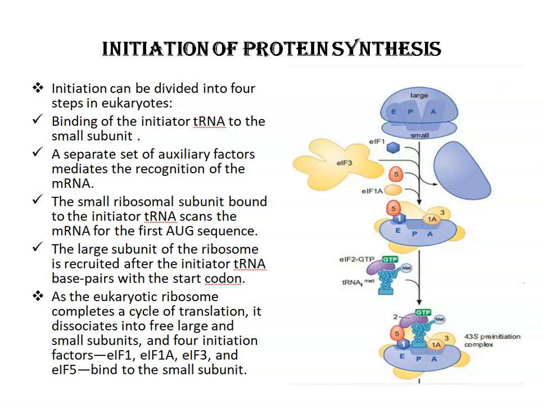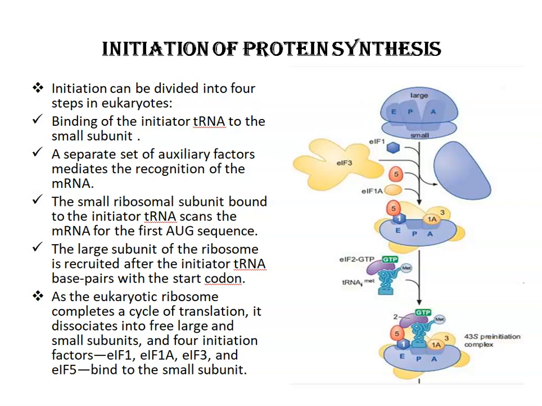Now, translation in eukaryotes. The first step of translation is initiation of protein synthesis. In eukaryotes, the small subunit is already associated with the initiator tRNA when it is recruited to the capped 5' end of the mRNA.